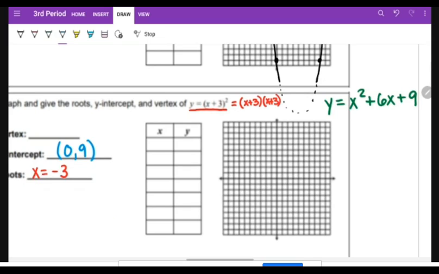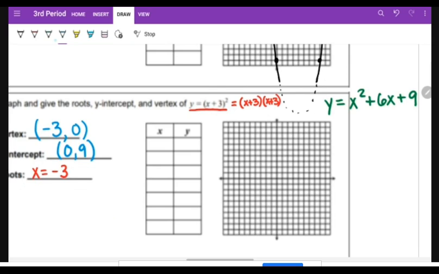And our vertex will be negative 6 over 2 times 1, negative B over 2A, which would give us negative 3. Then we take negative 3, we plug it back into our equation to get our y value, and we see that our y value is 0.